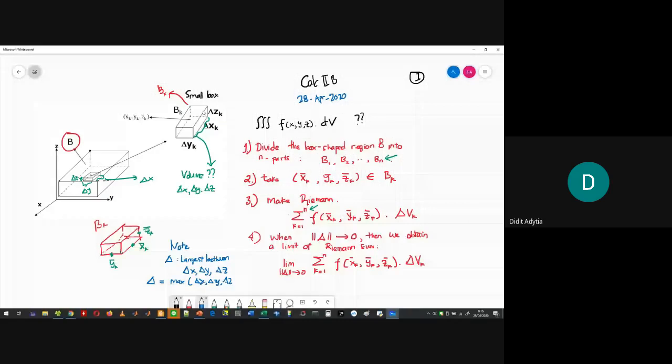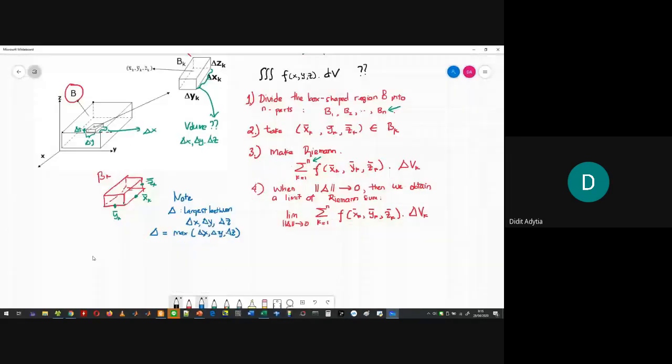So when the norm of this delta goes to zero, what does it mean? It means the boxes are very small.